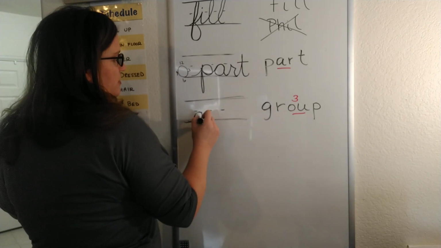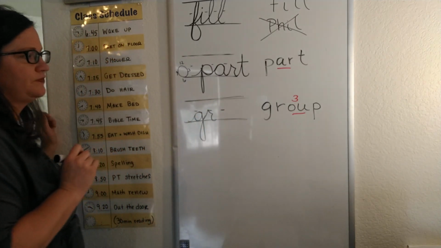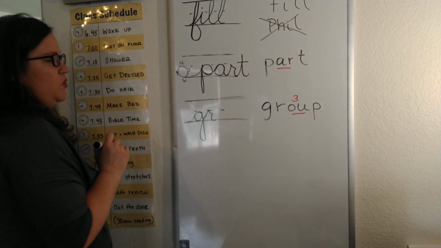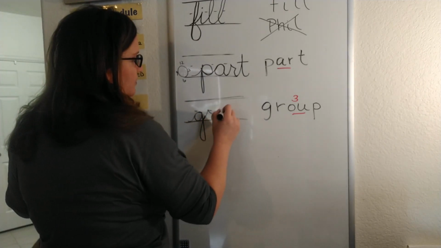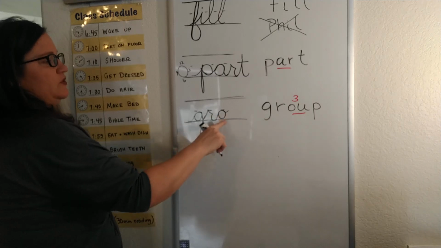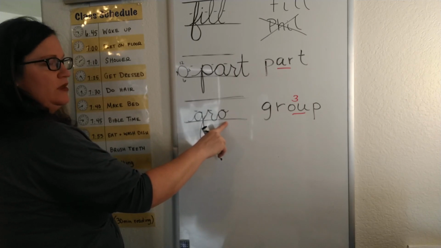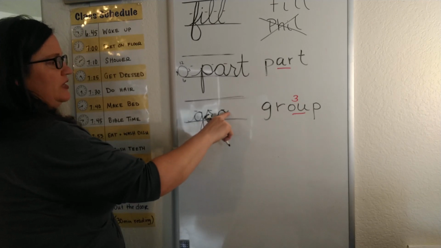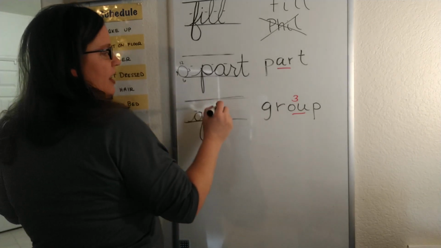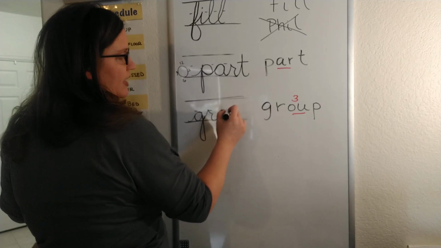For the R, it's an uphill letter, down the shelf, then down to baseline. Your O is a clock letter. Stop at 2 o'clock. Come back around to connect. And a ponytail. If I was going to baseline like an A, would that make a word? G-R-A-U-P? Not a word. So make sure you keep it up here at the ponytail. And then a U is an uphill letter, but we're not starting at the baseline since we're already at midline.